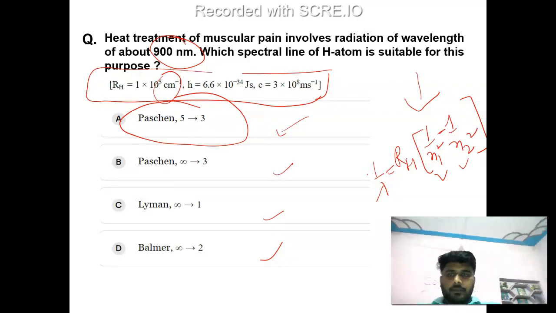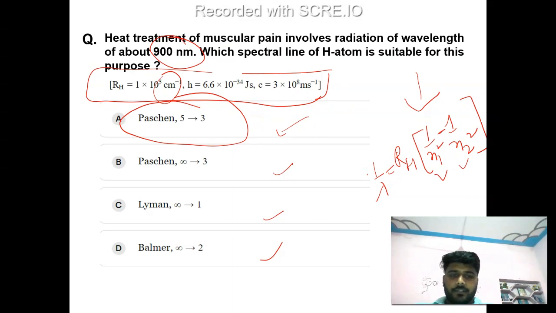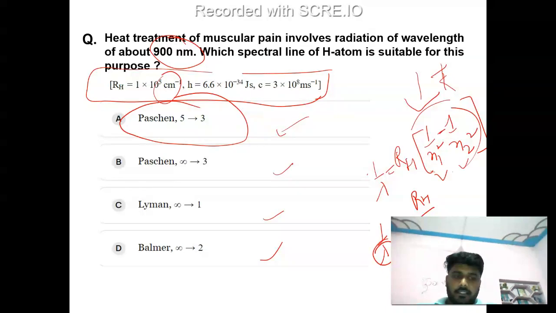Let me tell you how you have to convert that unit. Let's say this value is k, and 1 upon lambda is k, so RH by k. If you have to calculate the lambda, it will be k by RH.